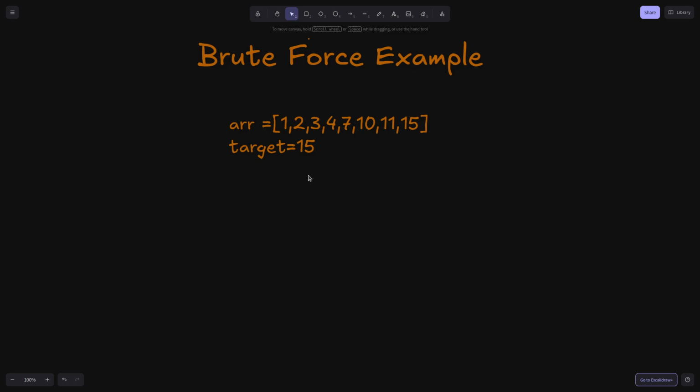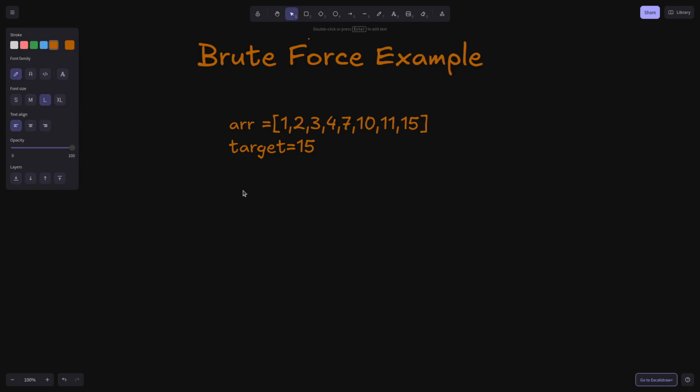So what will be the approach? The first approach will be to get all the pairs and their sums. For example, we can have 1 plus 2, which gives us 3, but our target is 15, so this pair will not work. Then we can have 1 plus 3, which gives us 4, again less than 15.